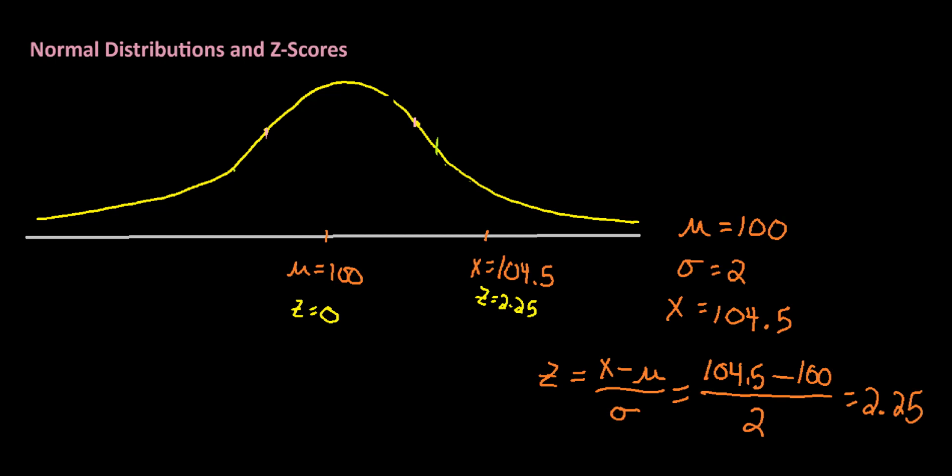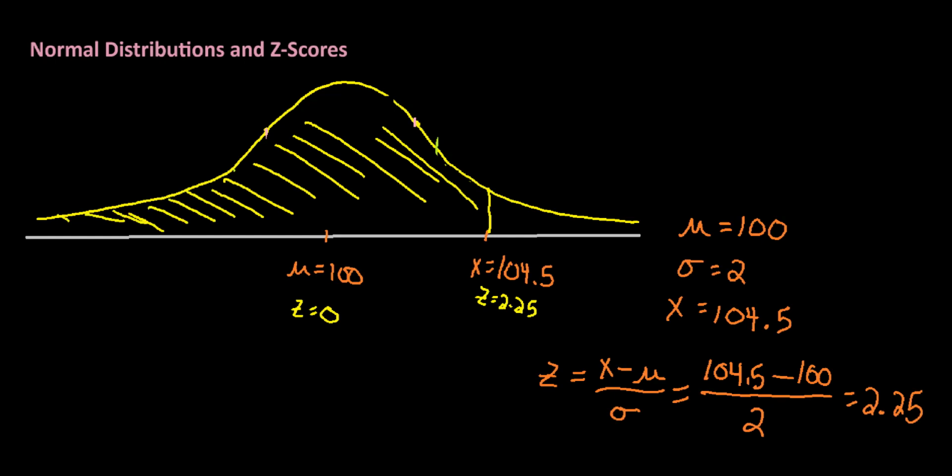And I say, that's kind of unusual because what we found is that 98.78% of the candy bars were smaller or lesser weight. And so I have a value that's kind of extreme.